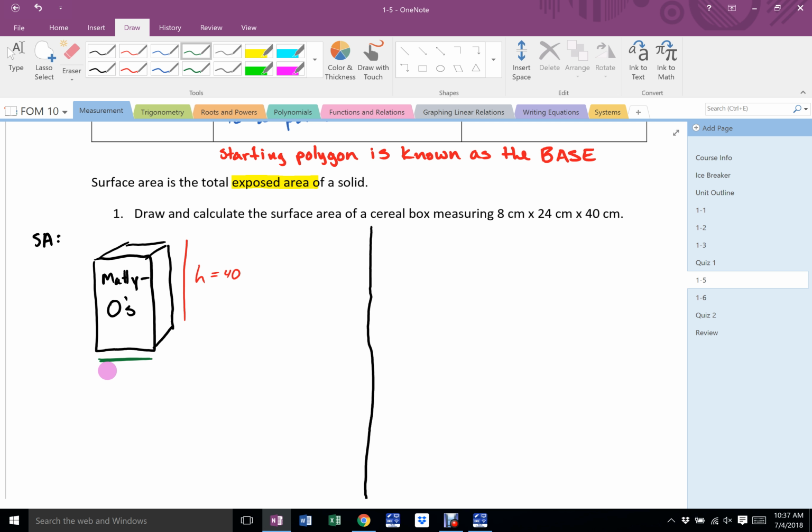You want to call that the width? Okay, and which number left over would that be? 24. Which means this must be the length, and you're going to say the only number left is 8. Does everybody follow the thinking there?